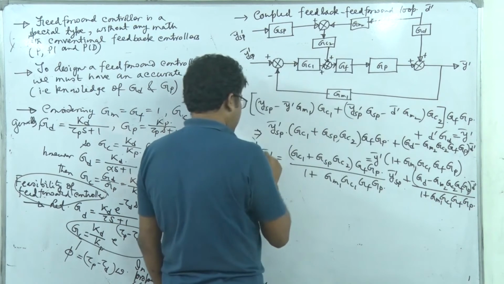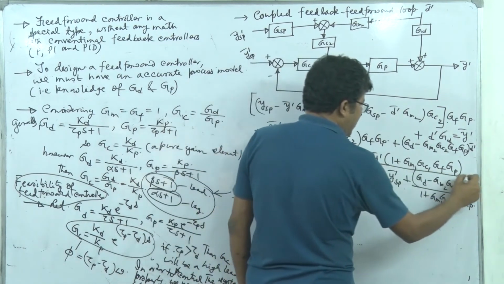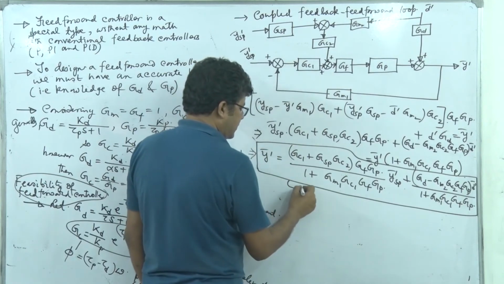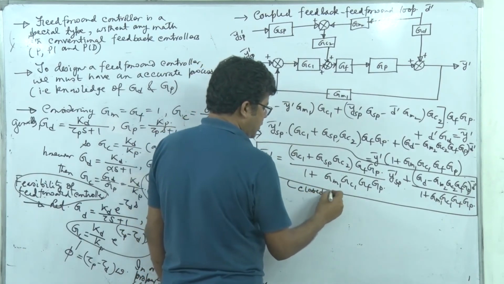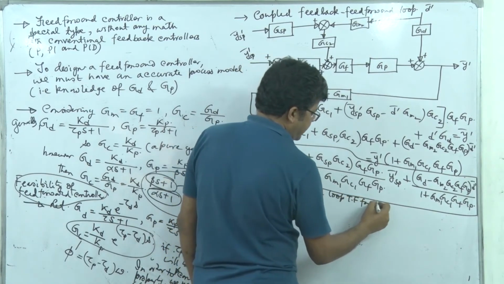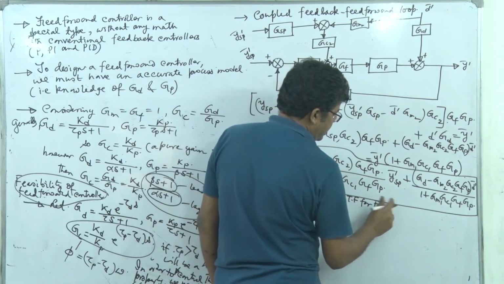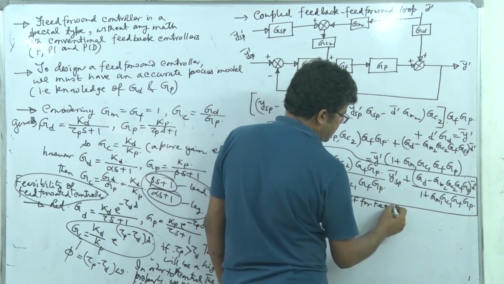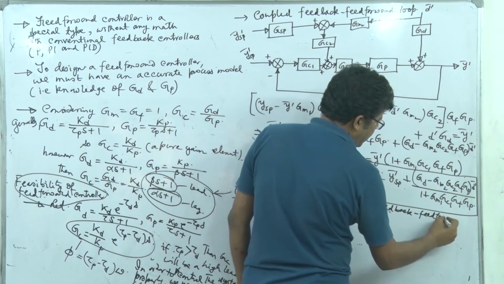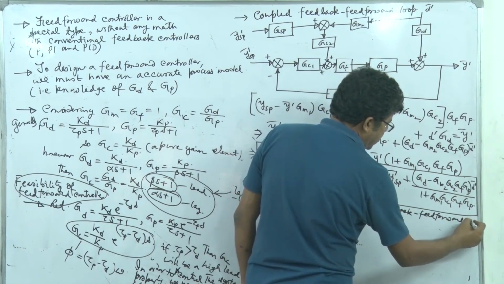So that's the final closed loop transfer function for the feedback feed forward loop.